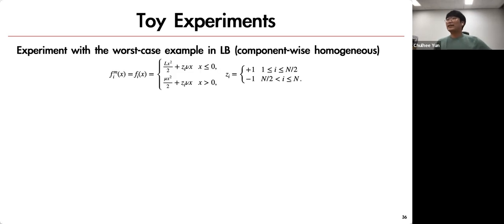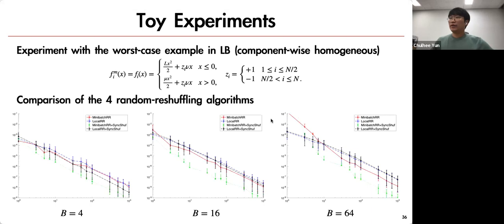Right, thanks. We ran some toy experiments using the worst case example that we used to prove our lower bounds. We first compared the 4 random reshuffling algorithms: mini-batch random reshuffling, local random reshuffling, and those 2 algorithms with the synchronized shuffling technique.